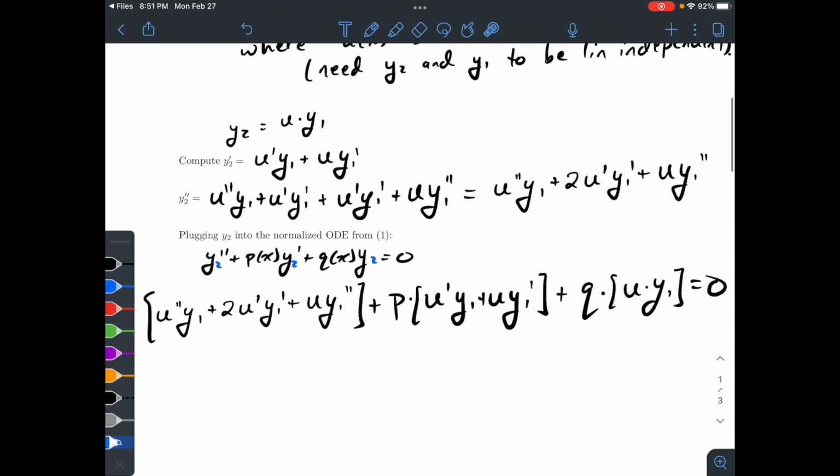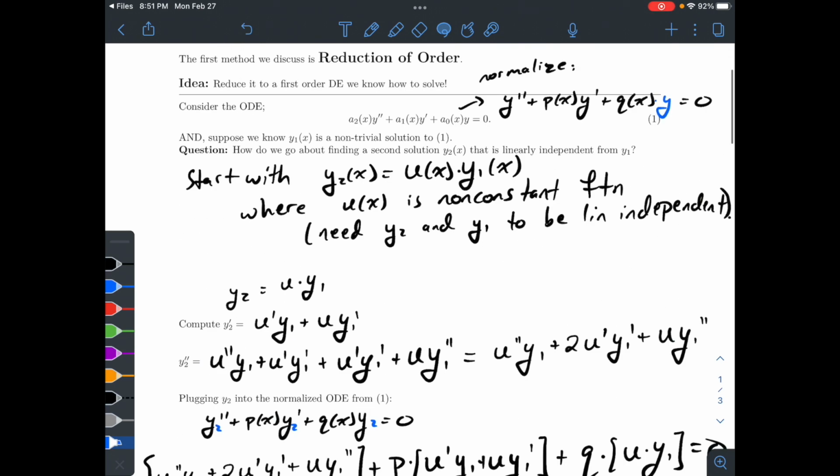It's basically going to utilize the fact that if I were to plug y1 into this normalized differential equation, y1 double prime plus p y1 prime plus q times y1, that should give me 0.